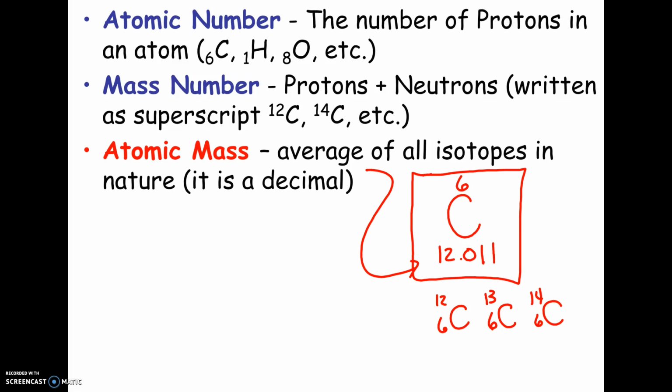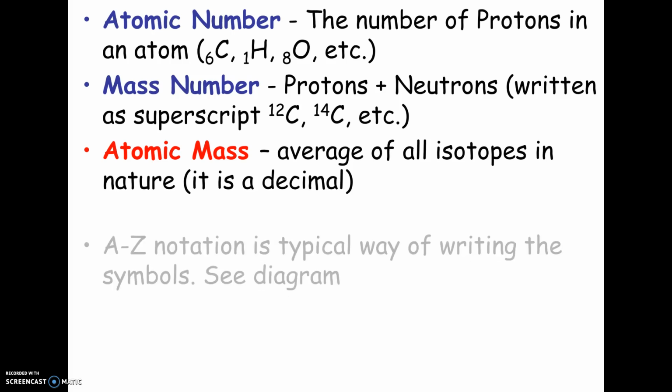If I asked you which one of these three must be the most common isotope, well, since the periodic table shows the atomic mass, and the atomic mass is calculated by how common the isotopes are, an atomic mass of 12.011 would tell me that carbon 12 must be the most common isotope, because when I take the average of all of them in nature, the average mass of a carbon is closest to 12. So again, the atomic mass is a decimal. The mass number is the actual number of protons and neutrons in a specific isotope of an atom.